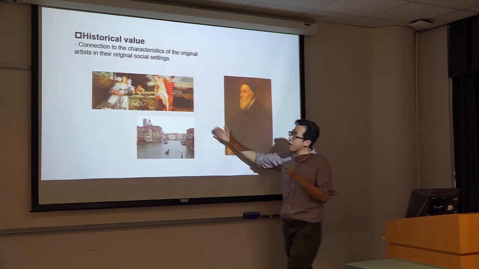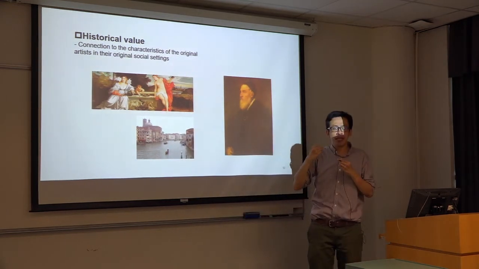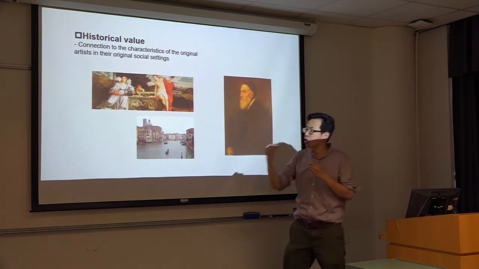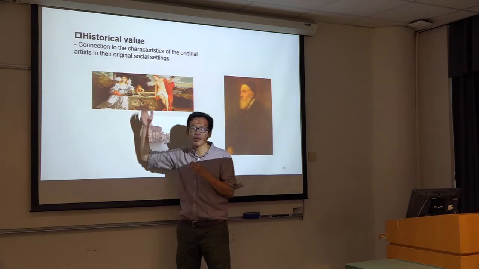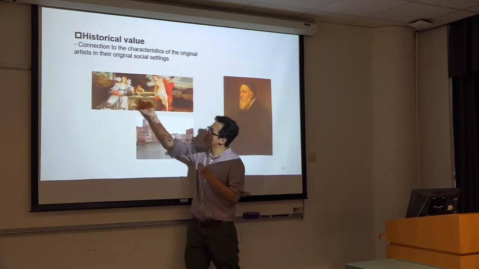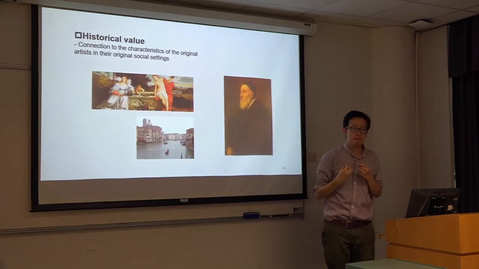For instance, when we talk about an oil painting, we need to think about what kind of mineral pigments were used at the time, what kind of general painting skills were used by painters at the time, or what kind of materials, what kind of cloth or canvas were used at the time.